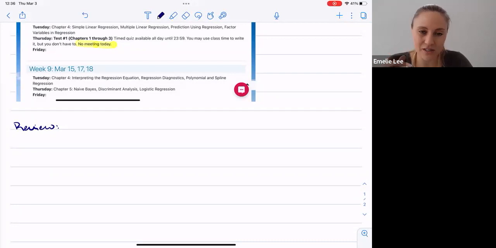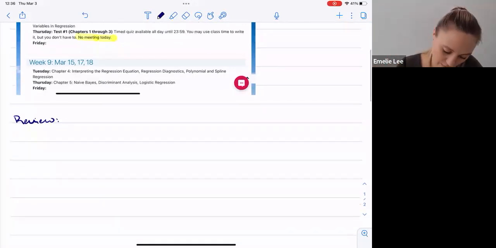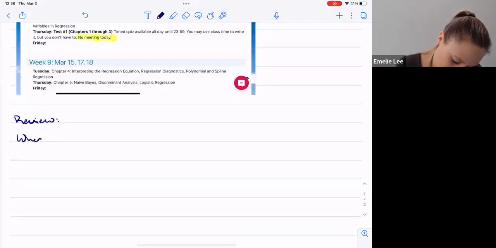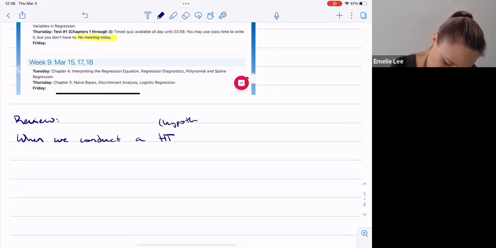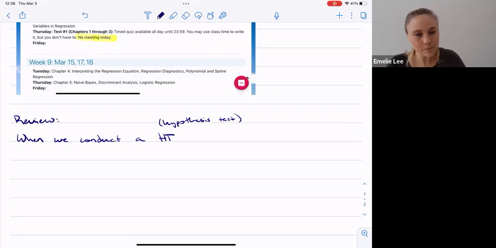Just as a reminder, when we conduct a hypothesis test, and you guys are probably okay if I just abbreviate that as HT, but I'll write it out once here, hypothesis test, which I always just abbreviate as HT. When we conduct a hypothesis test, we expose ourselves to 2 different types of errors, right? So there's potential for 2 errors that we could be making.